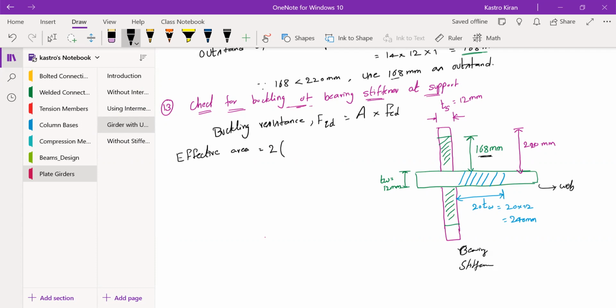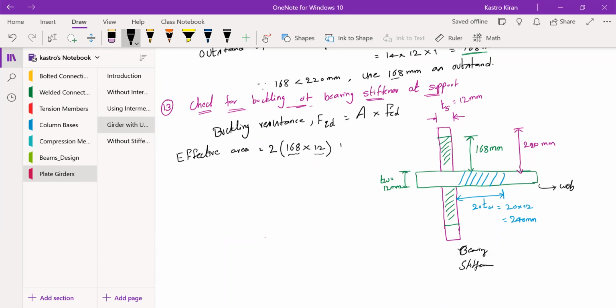You have 168 mm at the top, and you also have 168 mm at the bottom. So 2 times 168 is the length, into the thickness of the stiffener, which is 12. This 168 is the core outstand length, and 12 is the thickness of the stiffener.